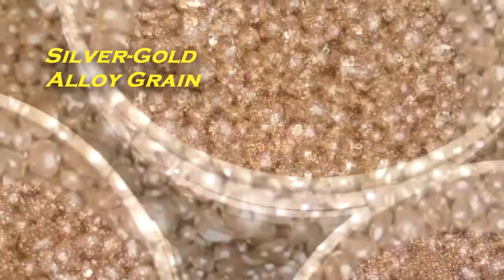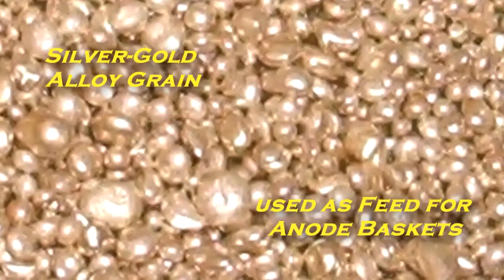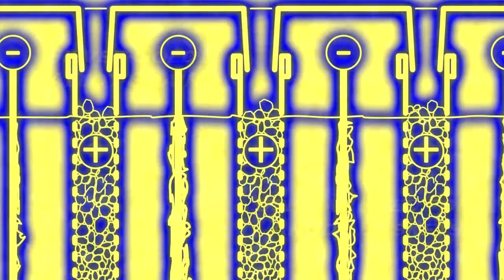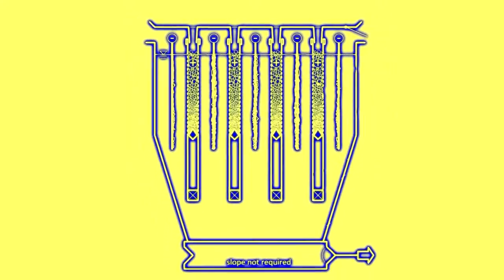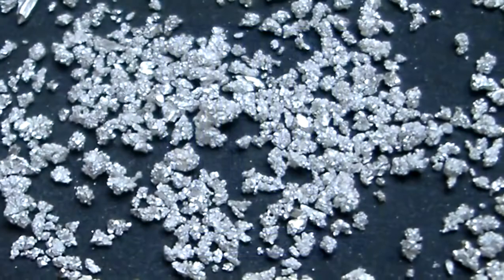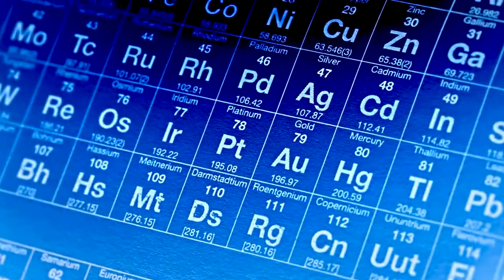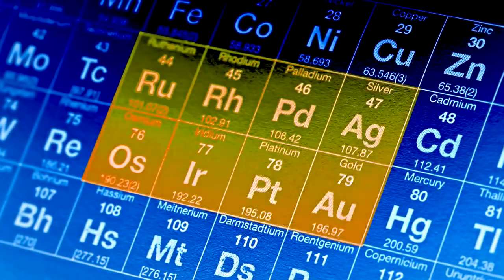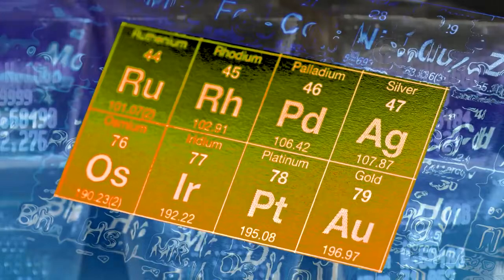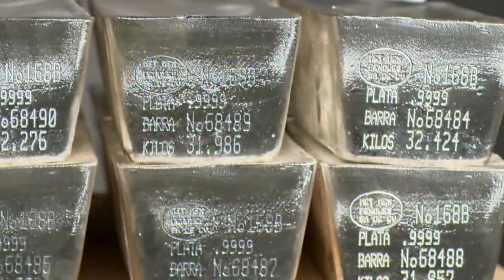Other innovations in precious metal parting include the use of metal grain in anode baskets to allow for higher speed and more controlled deposition. At the end of these processes, the result is a pure precious metal, whether it's gold, silver, platinum, palladium, rhodium, or one of the other platinum group metals.